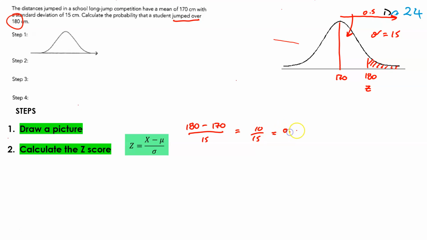So in other words, 0.6667. Because we can only do 3 decimal places, we'll make it 0.667.